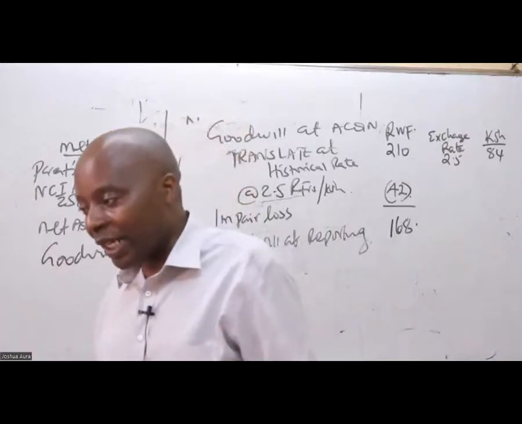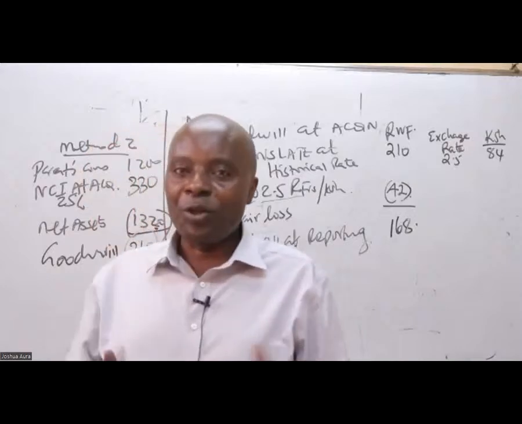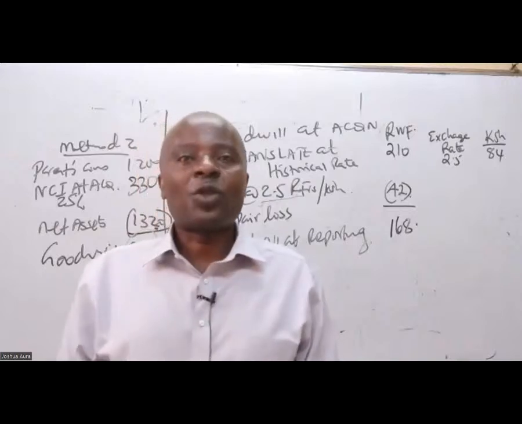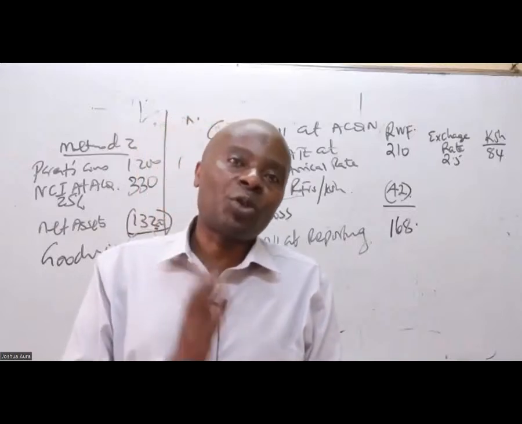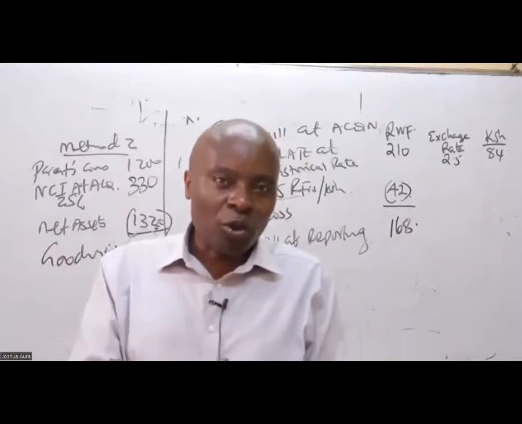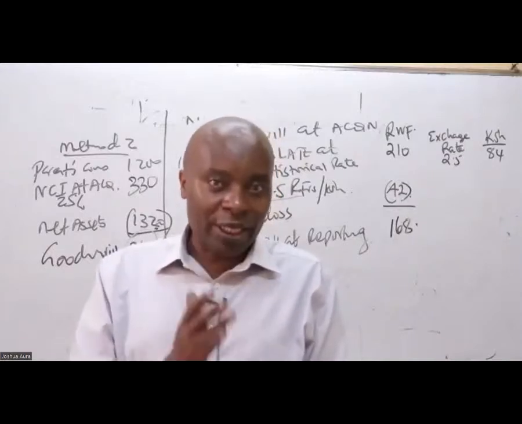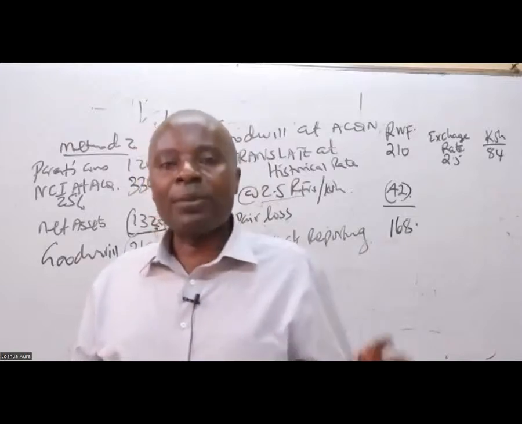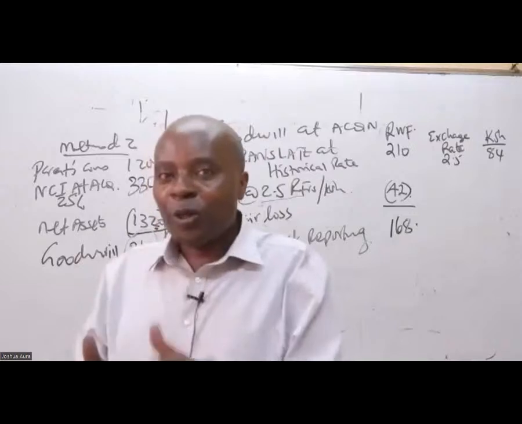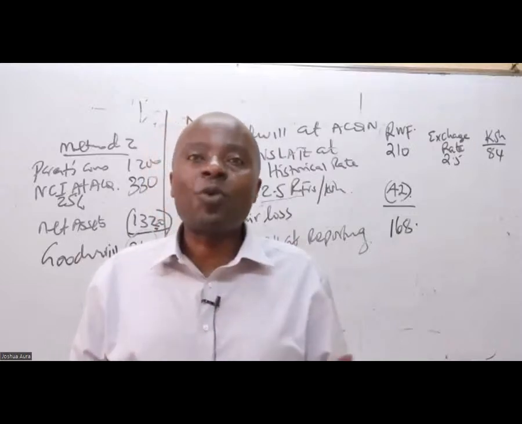Like joint ventures, I love what Kamutu you're writing there. Your joint venture is your related party, even associates, so long as you've got a control or a significant influence. Actually, that is it. Anybody who is able to control you or somebody who has significant influence in you, automatically that person becomes a related party.